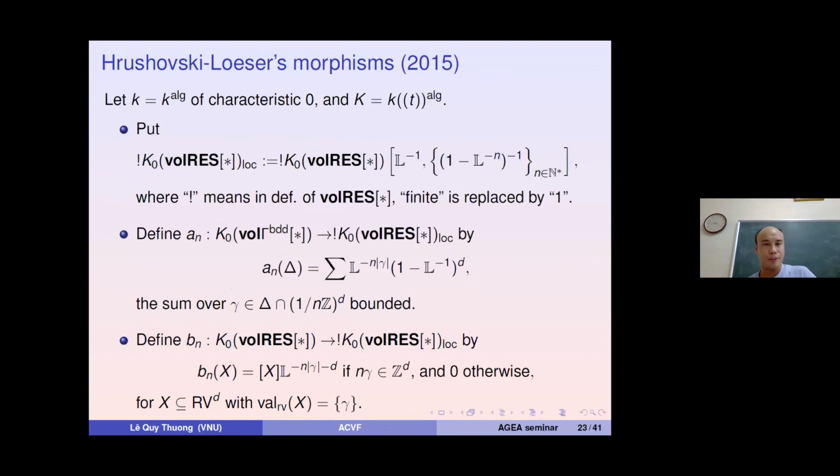And now I mention this one. In this case, we let k be an algebraically closed field of characteristic 0, and big K is the algebraic closure of k((t)) like this, and this one is the localization of this Grothendieck ring of the category Vol rest with respect to this.